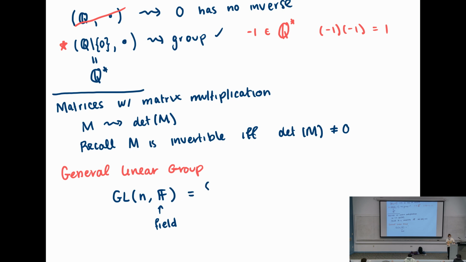This is equal to the set of all n by n matrices A over F, such that the determinant of A is not equal to 0. And this is also a group.